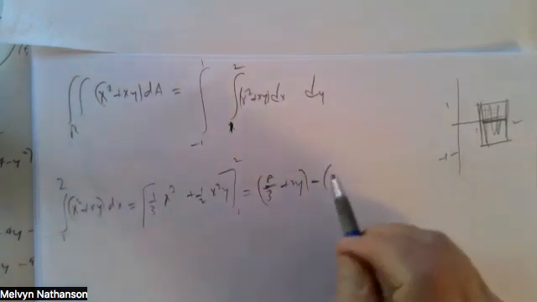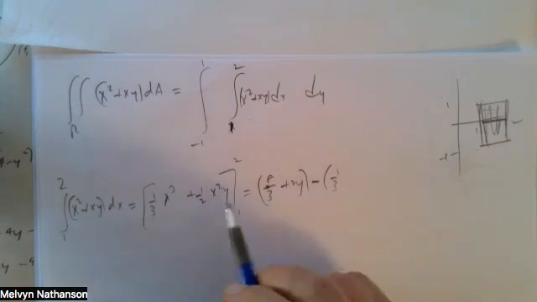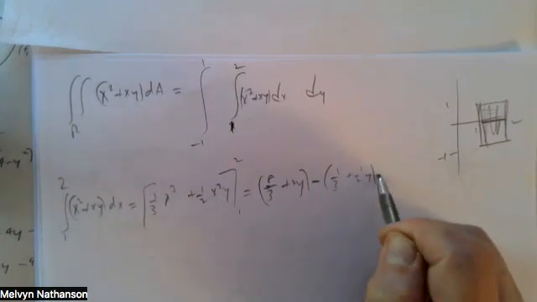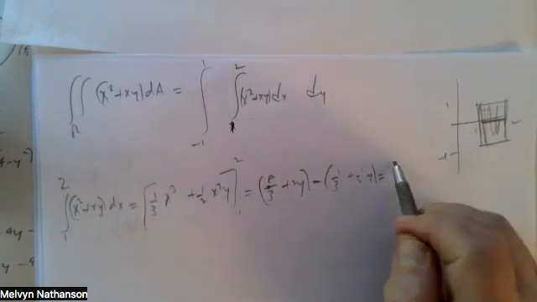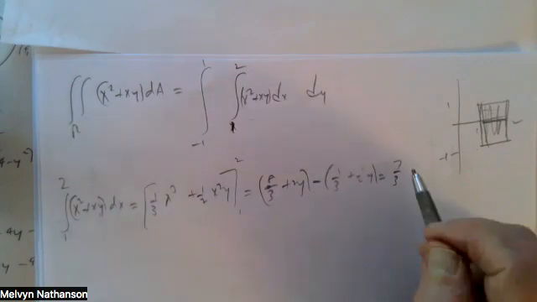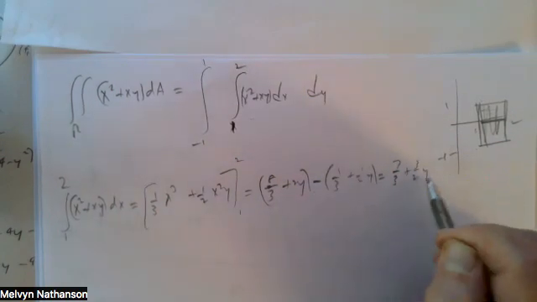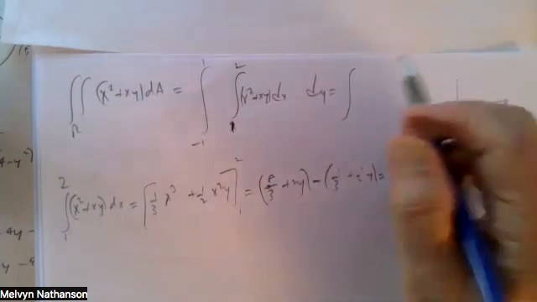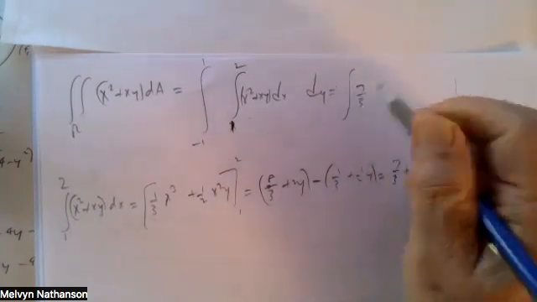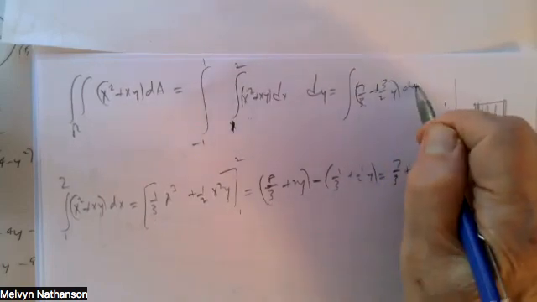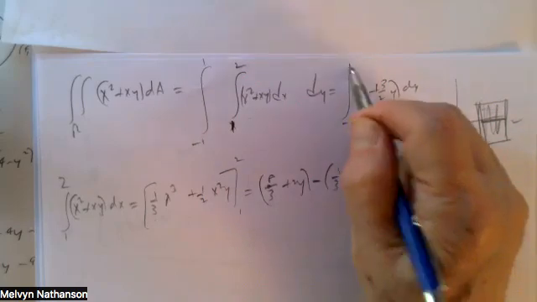When x is 1, this is 1/3 plus a half y. So this is 8/3 minus a third, 7/3, 2 minus a half, plus 3/2 y. So this is the integral of 7/3 plus 3/2 y from -1 to 1.